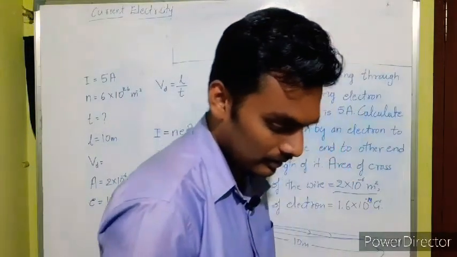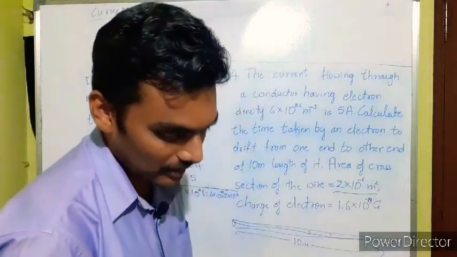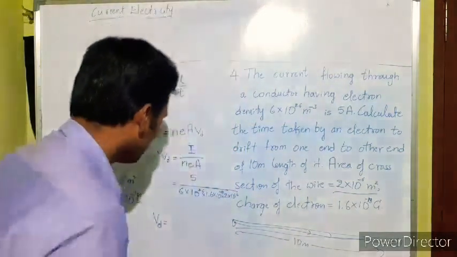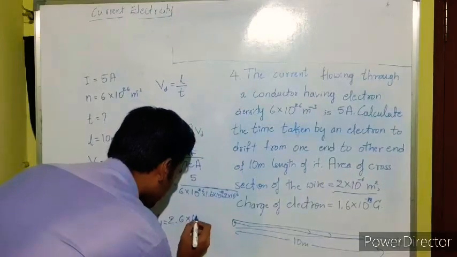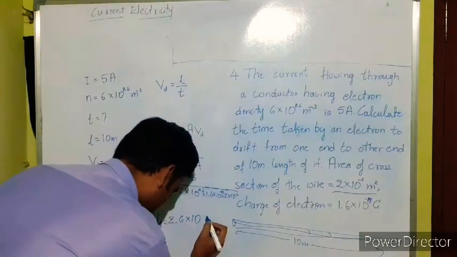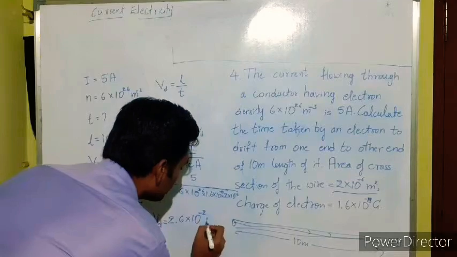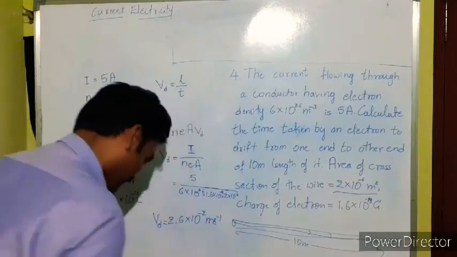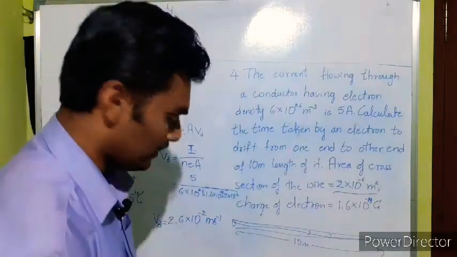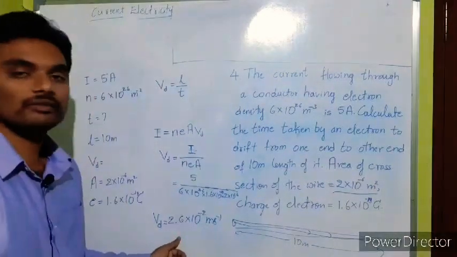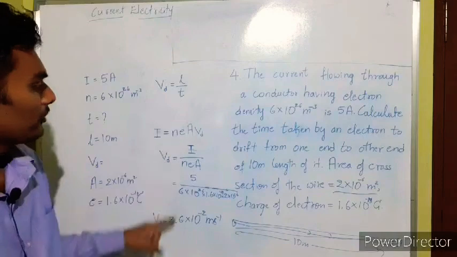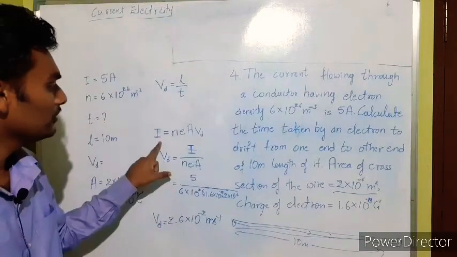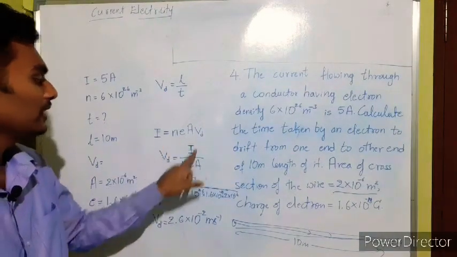Calculate it, and hence you will get Vd is equal to 2.6 into 10 to the power of minus 2 meter per second. This is the value of the drift velocity that we get after simplifying the expression I is equal to NEA Vd.